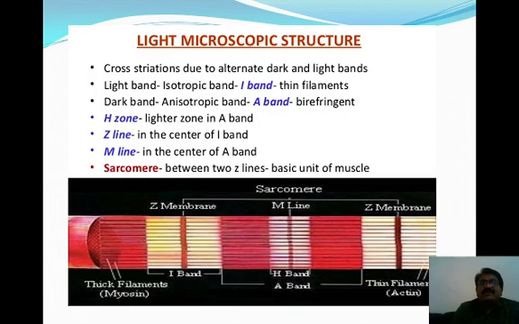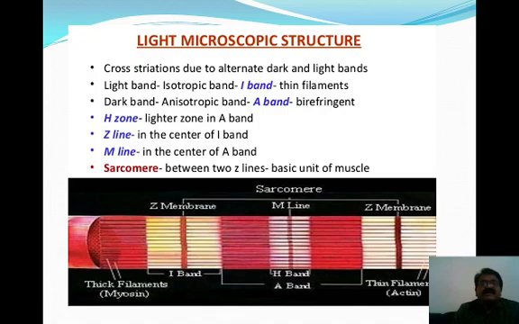Light microscopic structure of the muscles reveals the alternation of dark and lighter bands. The lighter bands are known as isotropic bands, or I bands, which contain the thin filaments.